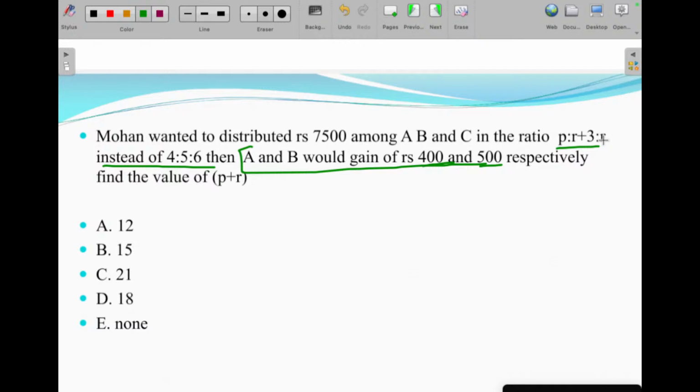Easy only, not so difficult. First distribute 7,500 in 4, 5, 6. You do that, then you think. First distribute 7,500 to A, B, C in 4, 5, 6. Then I will give a clue.